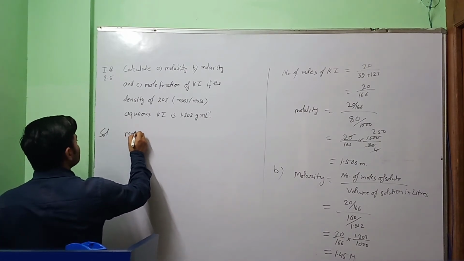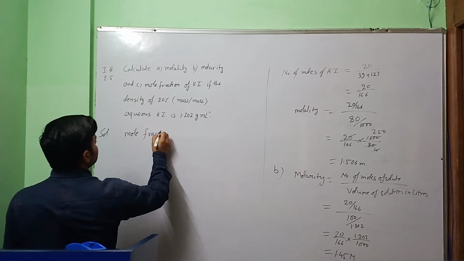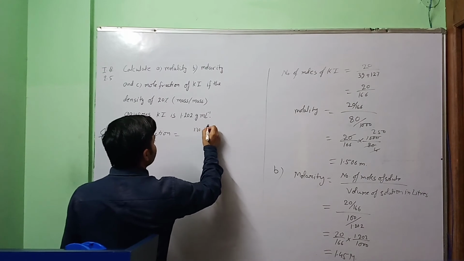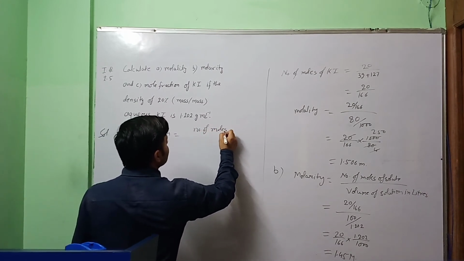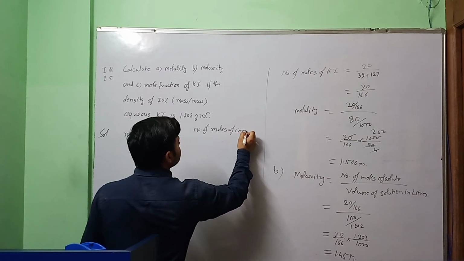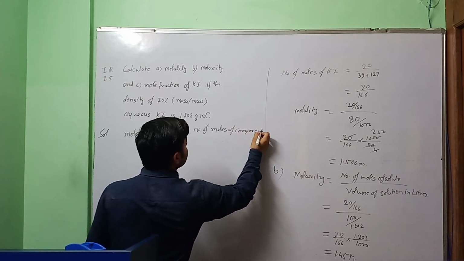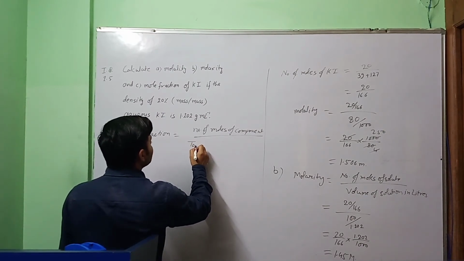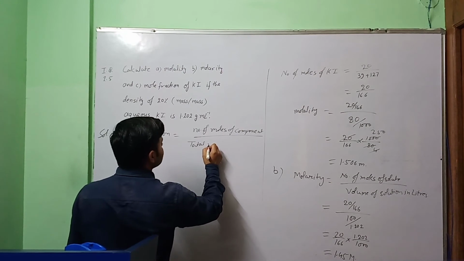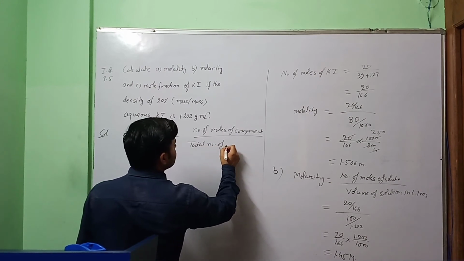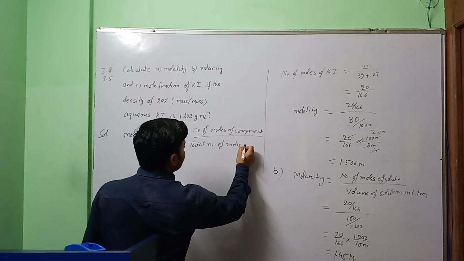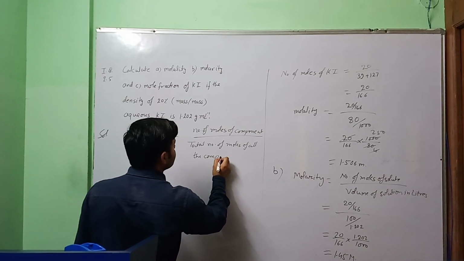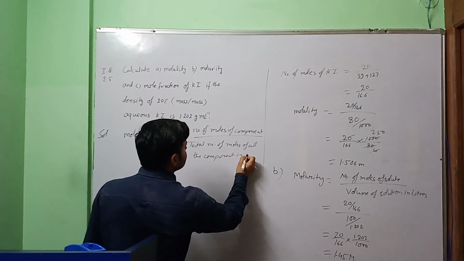Mole fraction is equal to number of moles of component divided by total number of moles of all the components in solution.